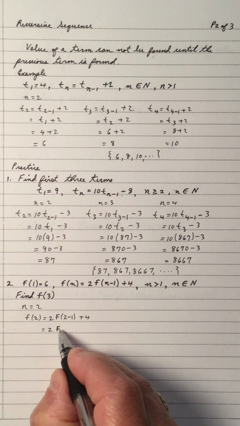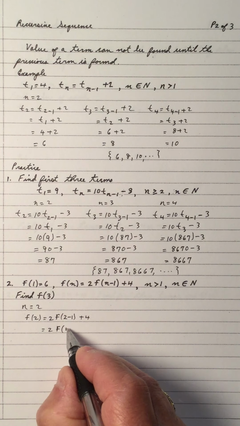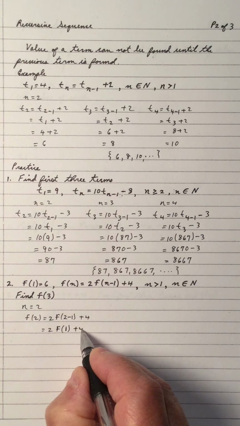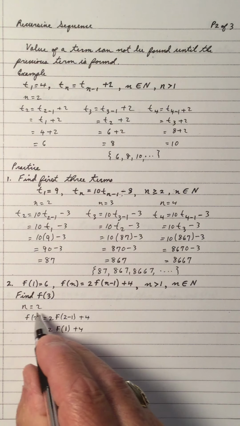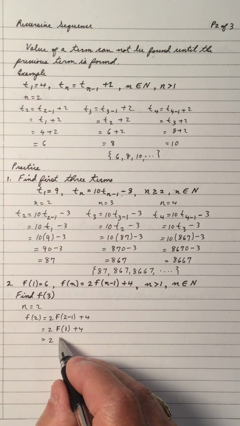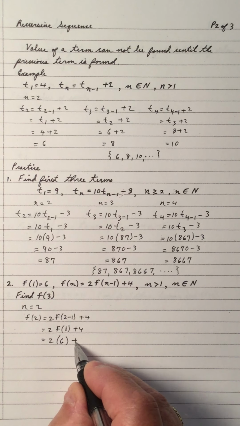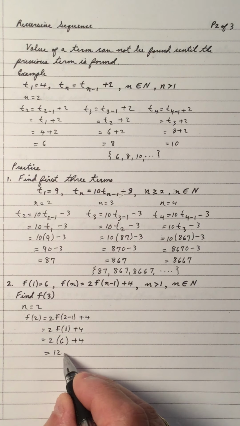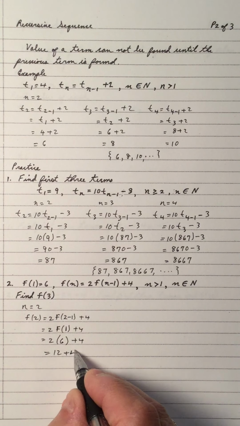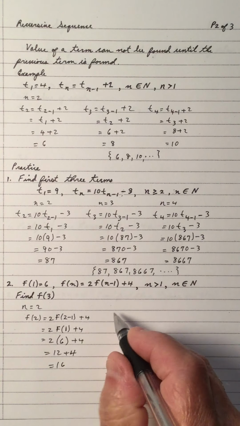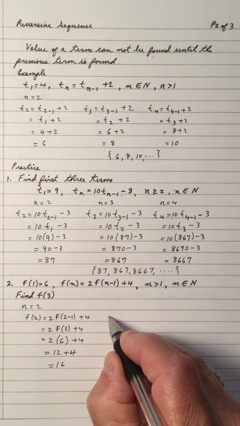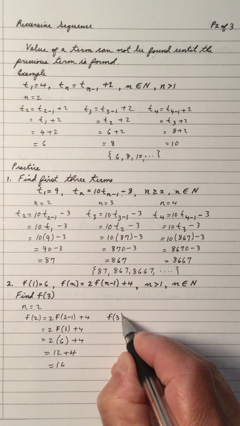2 minus 1 is 1, and f of 1, which is right here, is 6. So that's 12 plus 4 is 16. Now I have f of 2. I should be able to get f of 3.